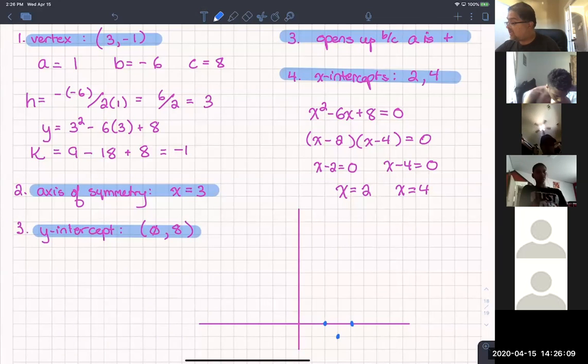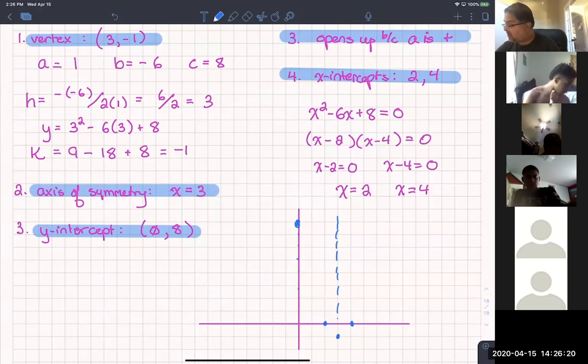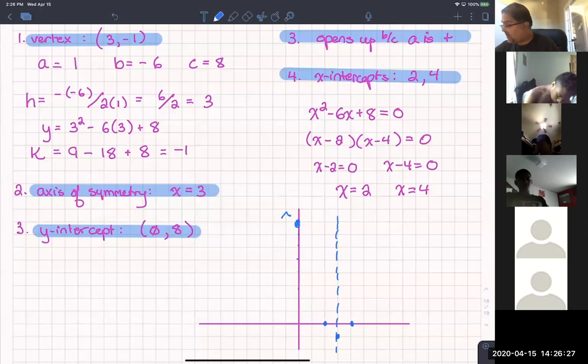Crosses the y-axis at 8. And it is symmetrical along x equals 3. And if you didn't have a horrible drawing skill, you can draw it. There you go.